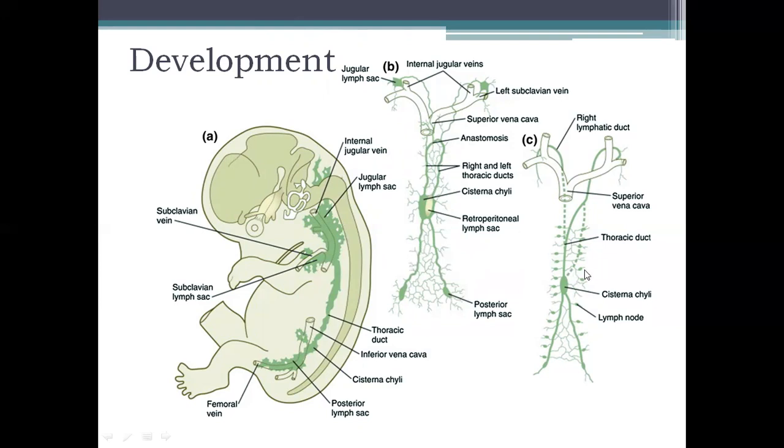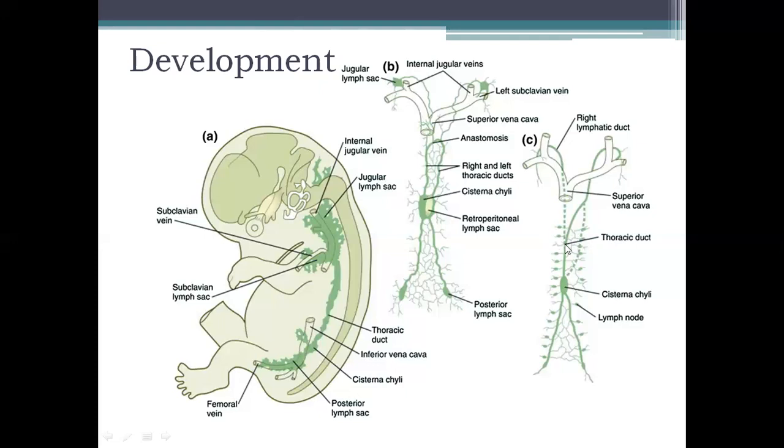The third stage is that at the T5 or T4 level, we'll say T4 because it has more significance. For now we'll keep it as T4, but obviously there will be some variations in everyone. At the level of T4, the thoracic duct crosses from the left side to the right side, and it also enters the superior mediastinum from the posterior mediastinum.